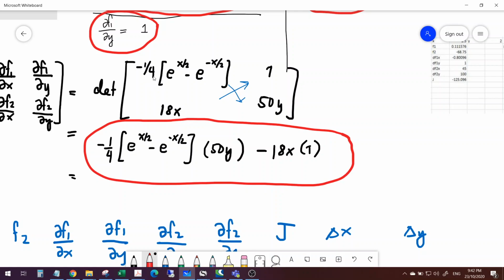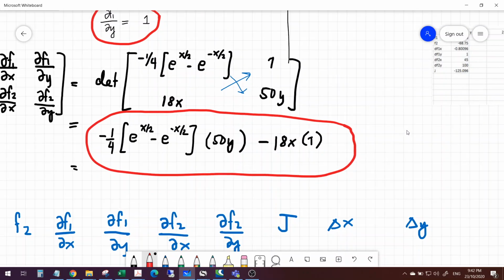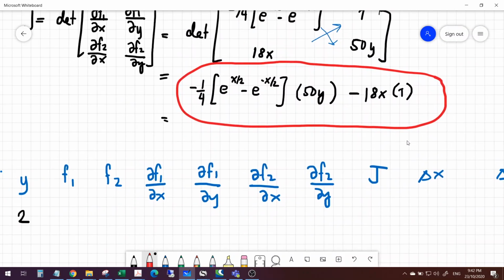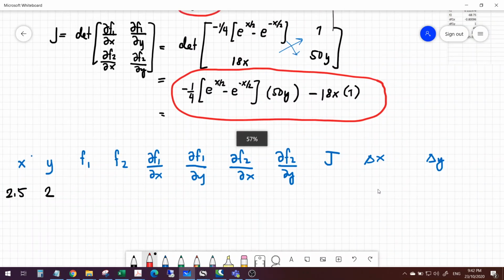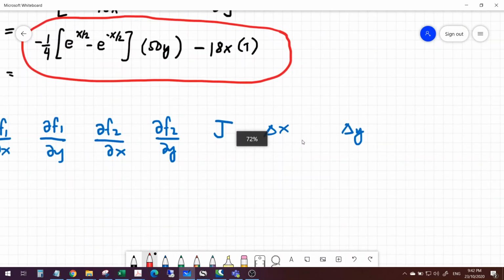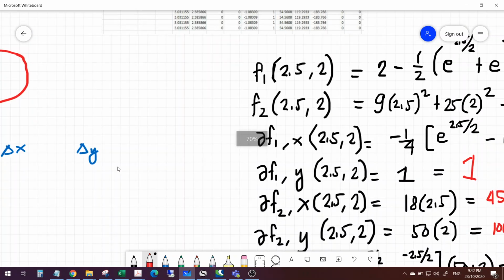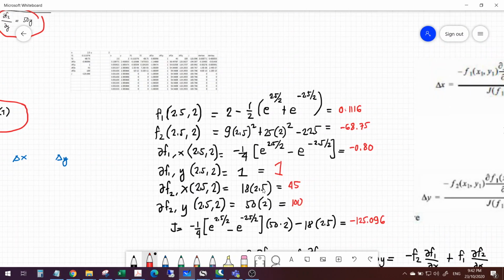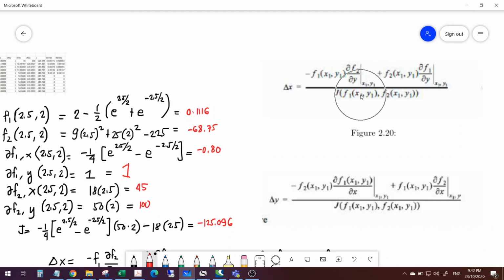So this is negative 1/4 times e raised to x over 2 minus e raised to negative x over 2, multiplied by 50y, minus 18x, because this is just 1. Okay, after getting the Jacobian, it's now time to get the delta x and delta y, wherein the formula is this here.